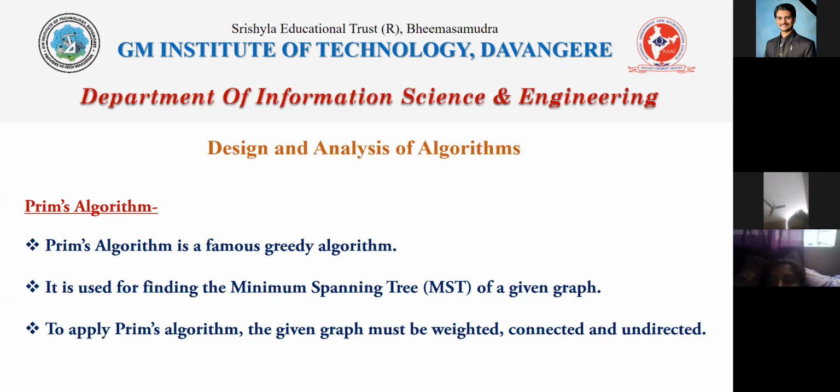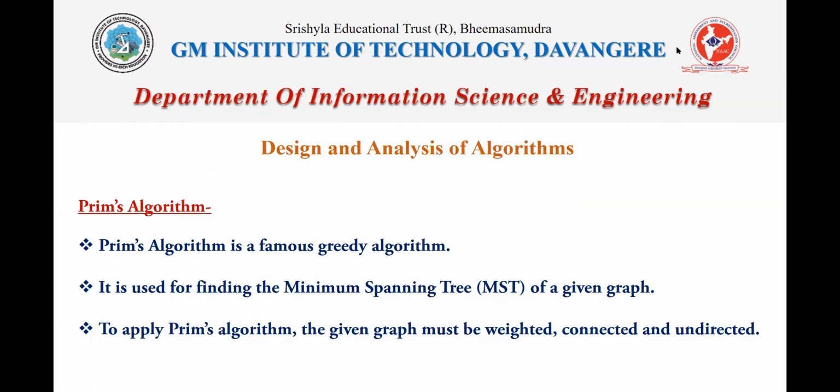The given graph must be a weighted, connected, and undirected graph. With these prerequisites and an understanding of what Prim's algorithm is and why it is used, we can step deeper into the concept.